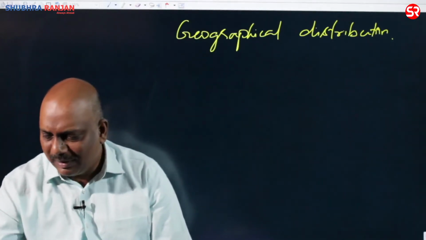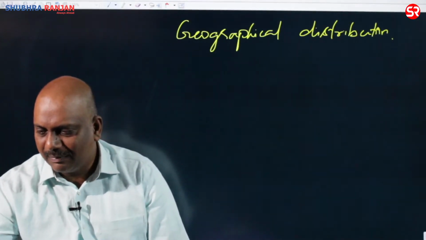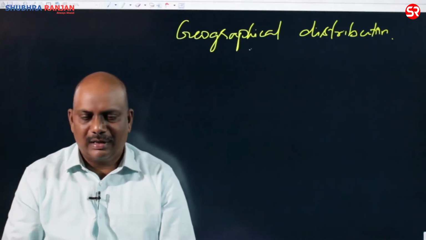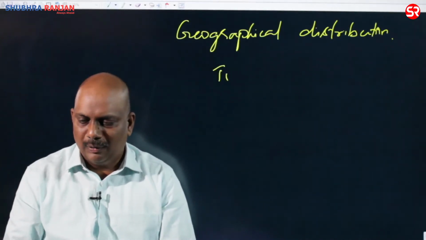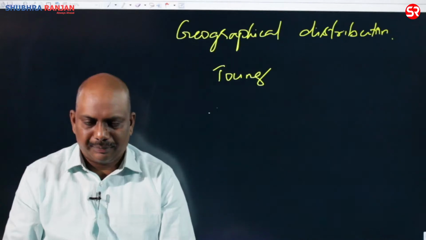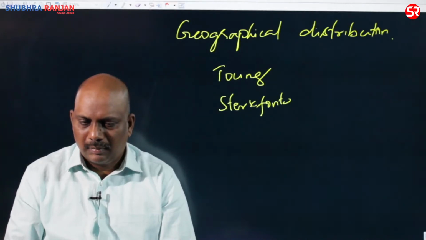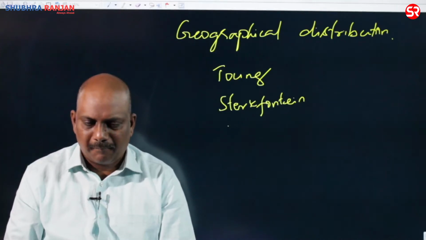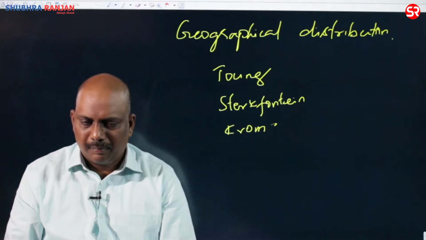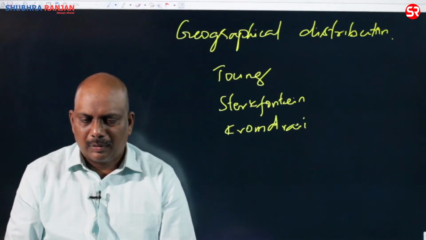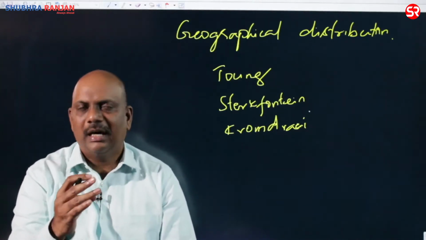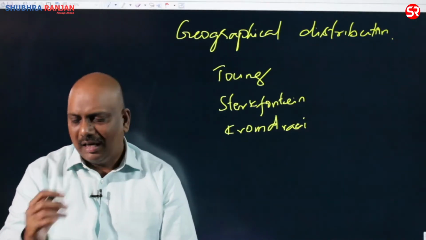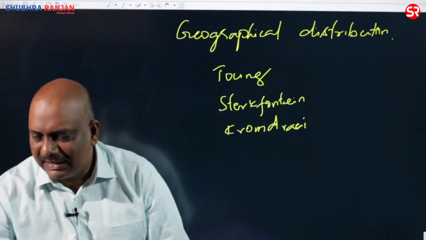So I have given you some list of sites. For example, those found in South Africa: Taung, Sterkfontein, Kromdraai, Makapansgat, Swartkrans, etc. And I have also mentioned a few other sites in East Africa.